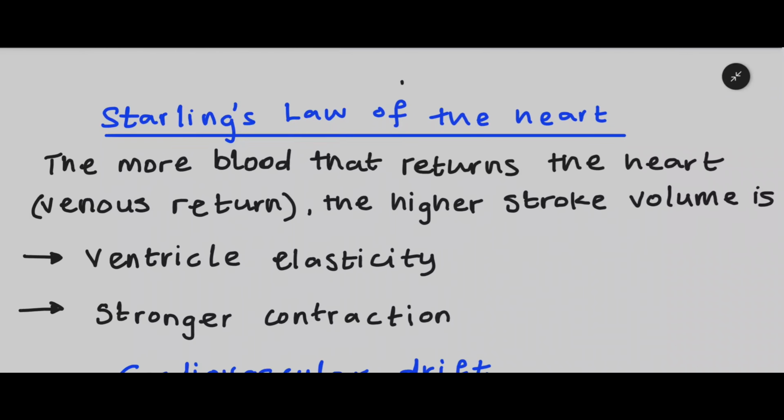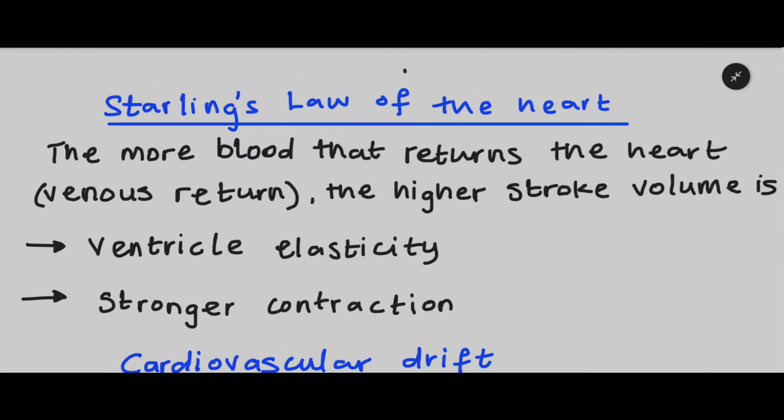Now let's look at something known as Starling's law of the heart. Starling's law of the heart is really simple. Starling's law says the more blood that returns to the heart, the more the ventricles fill and stretch, and this creates a higher stroke volume because of a stronger contraction. So basically it's saying that the higher the venous return, the higher the stroke volume, because the higher venous return means more blood entering the heart.